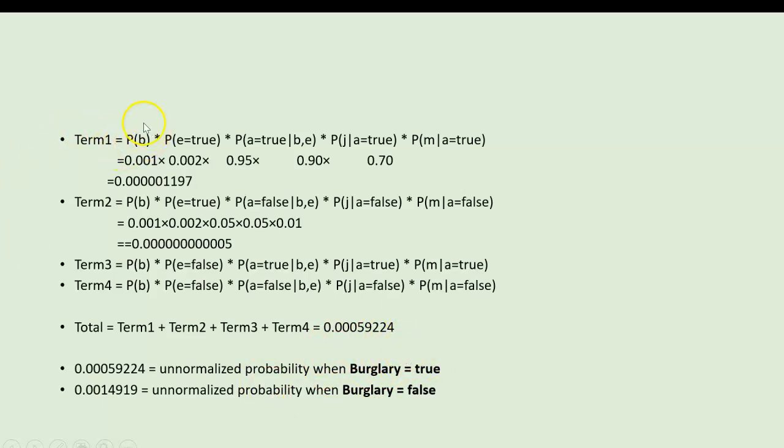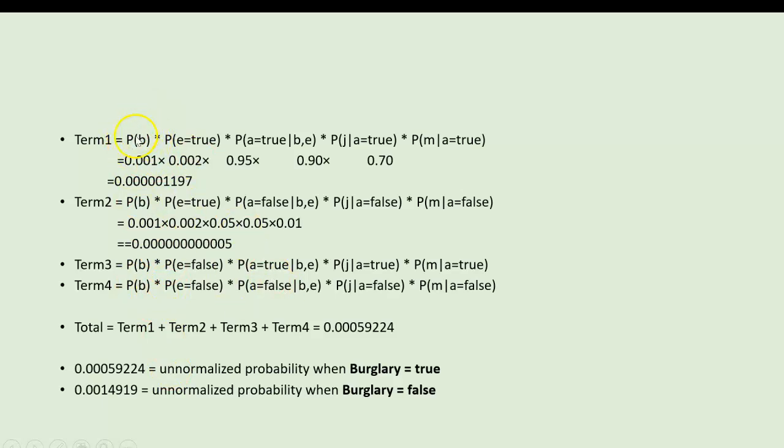Here, in the probability of B, the B value we have assumed as true, and we have calculated this probability. Similarly for burglary equal to false, you have to substitute all the things and calculate. When you are calculating for burglary equal to false, you will get all these four terms.